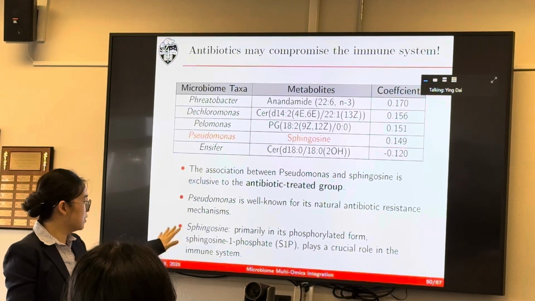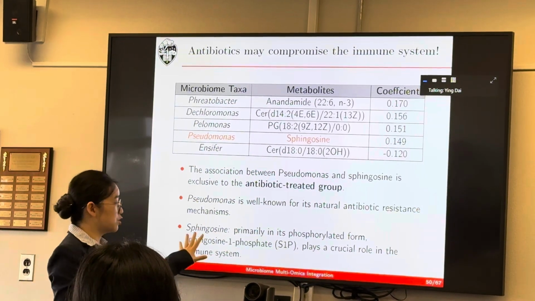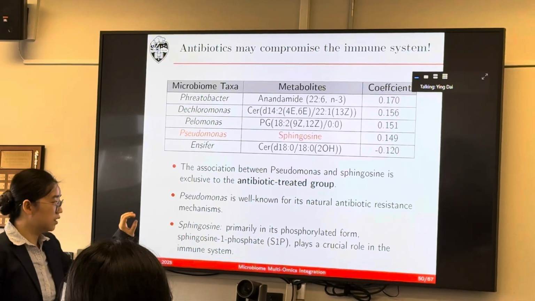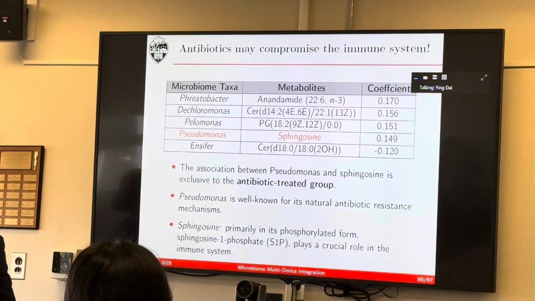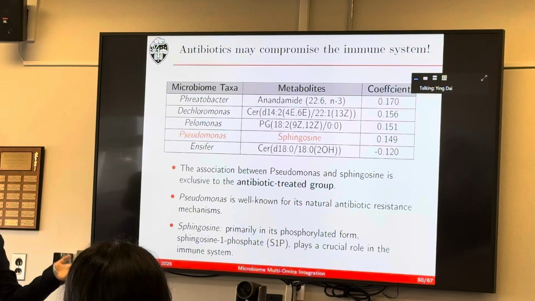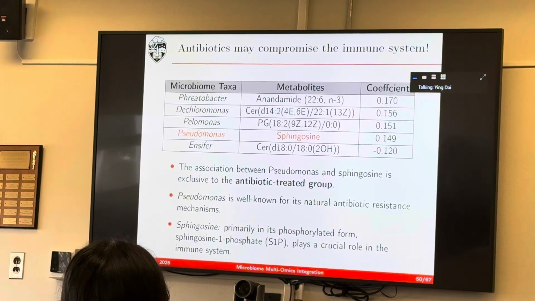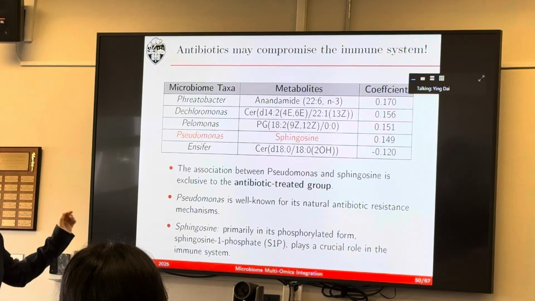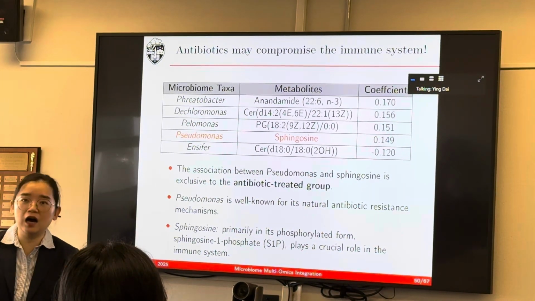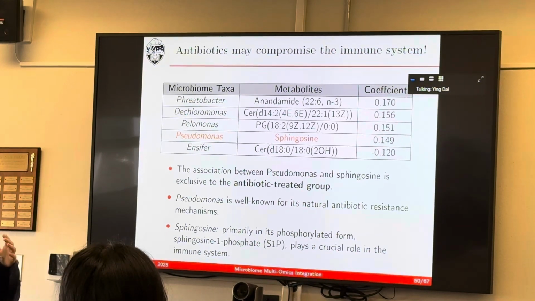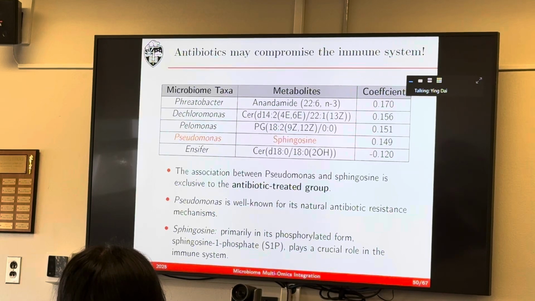Then we have this sphingosine, which has some sort of form, but anyway, the things related to it play a crucial role in the immune system. Of course, everyone would have the common sense that antibiotics may compromise the immune system. But here is a more detailed interpretation of how they impact the metabolism and eventually cause the immune system to be weaker.